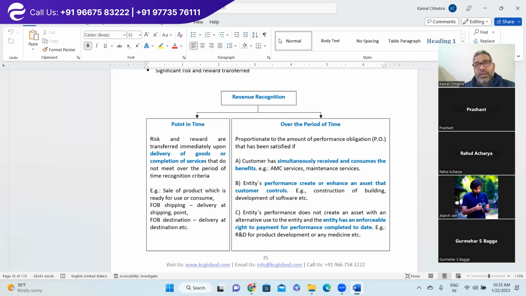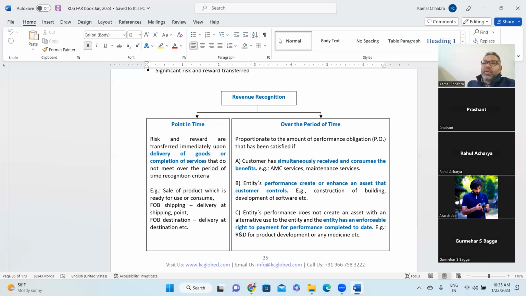In that scenario also, you should recognize the revenue over the period of time, not at a point in time, because you are working continuously on developing the asset for the customer. It's not your own asset, right? For example, sometimes students get confused about this real estate example.